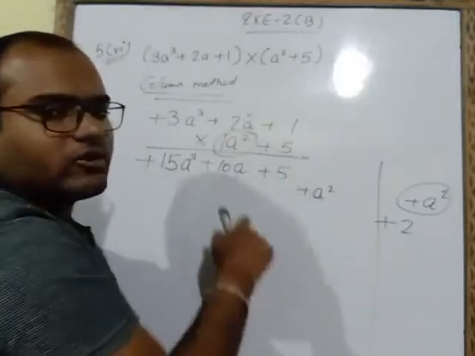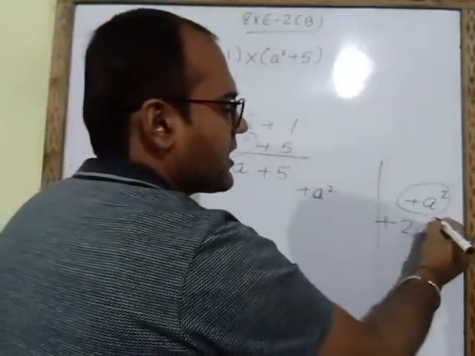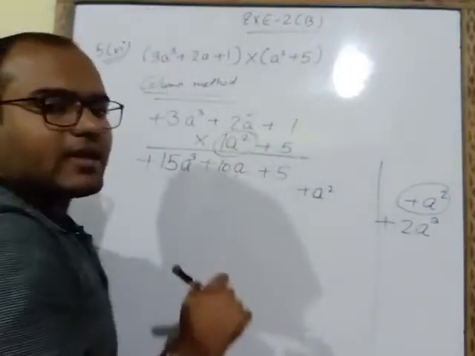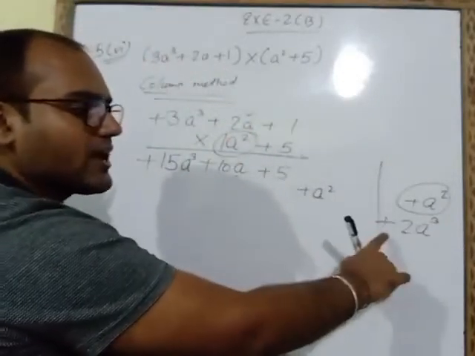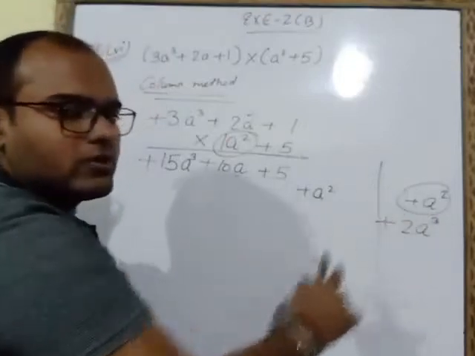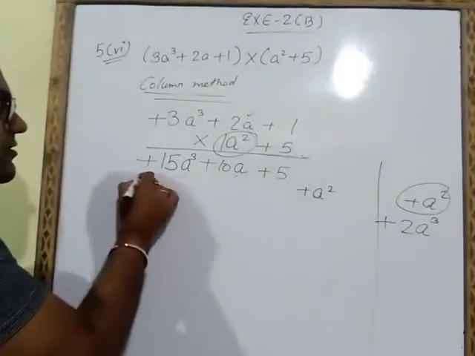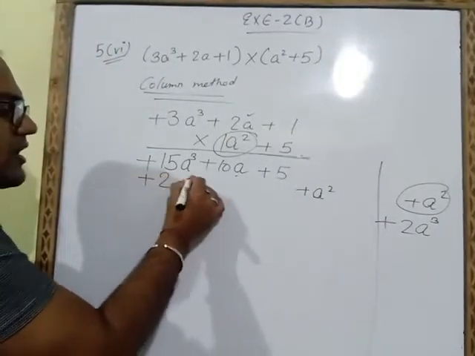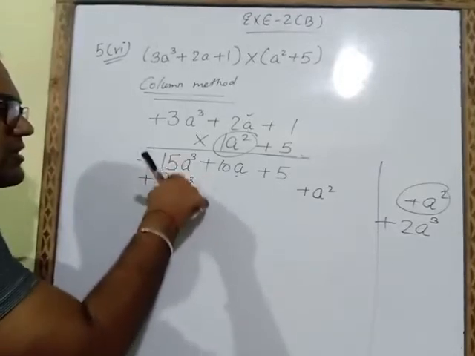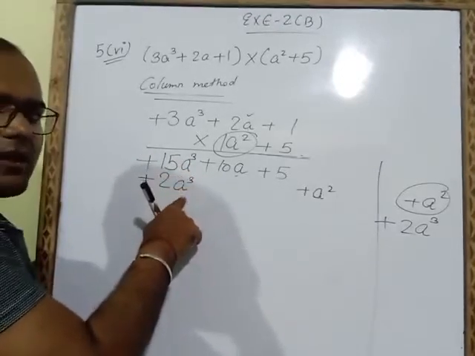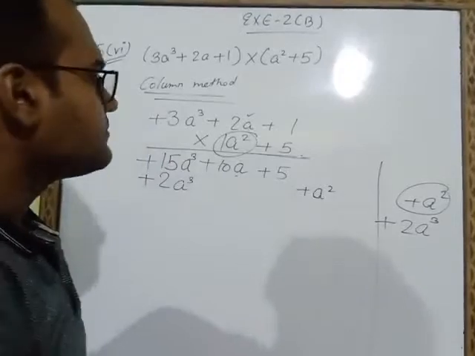A square into a, when we do, then we will get a cube. A square multiply a will be a cube. So we are getting plus 2a cube. So plus 2a cube we have to write here. Why will we write it here? Because under this we have to write the a cube term. Like terms we have to write together.